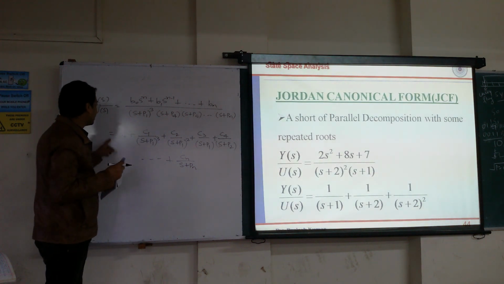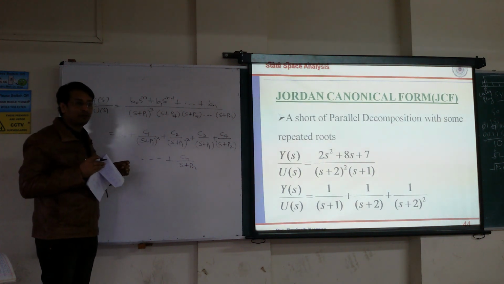If I represent this equation in Jordan canonical form, you can write it directly from the previous experiment.